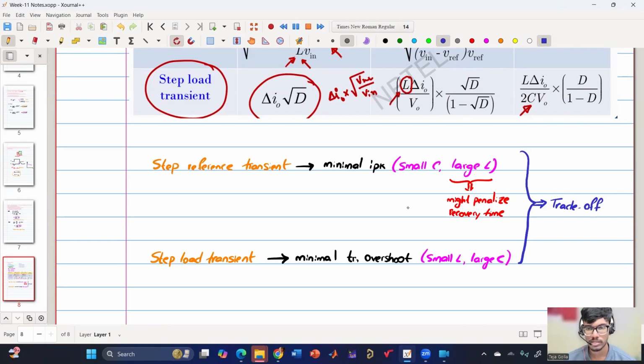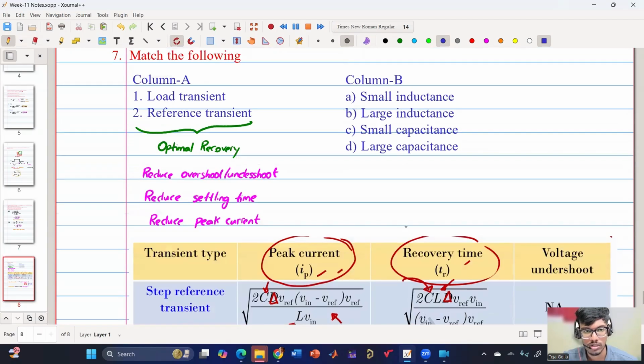We have to compromise and come in between, so that we have good reference transient performance and good load transient performance, not the best reference transient with poor load transient or vice versa. We need both decently good, so that's why we have to choose things accordingly.